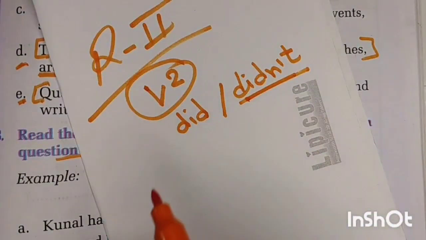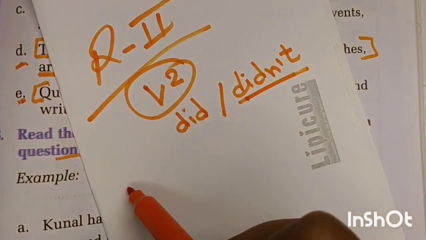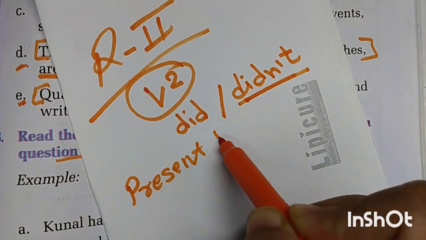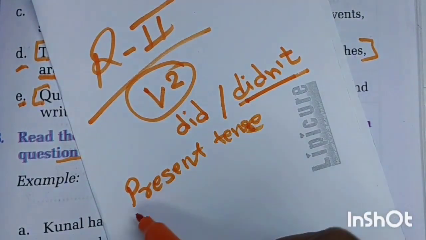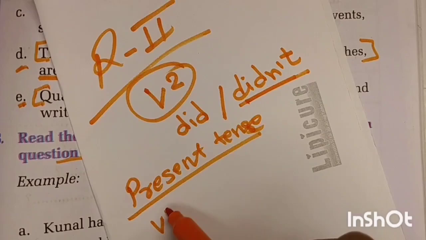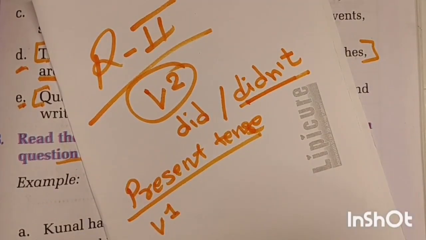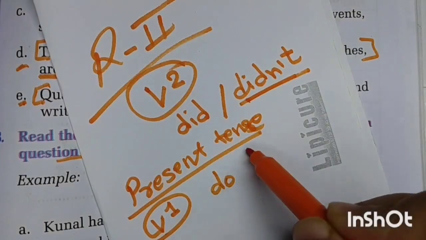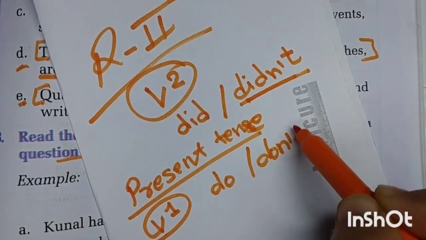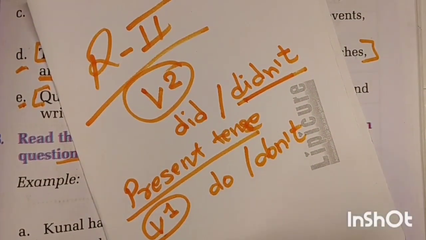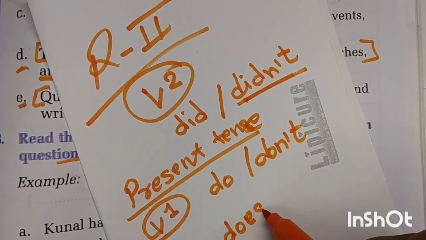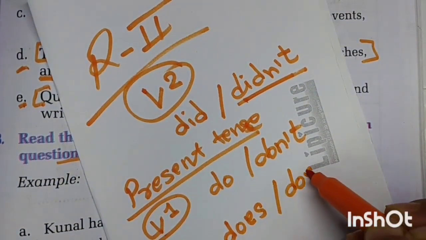Didn't. And if the statement is in present tense, then look at the verb 1 and verb 5. If there is verb 1, use do or don't. If there is verb 5, then use does or doesn't.